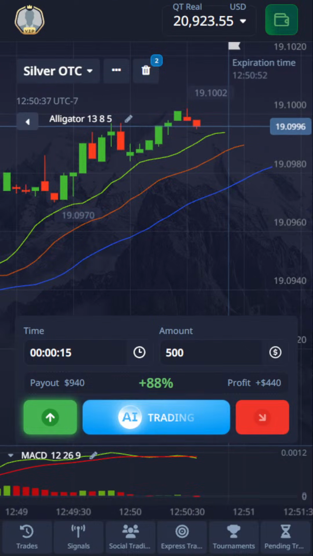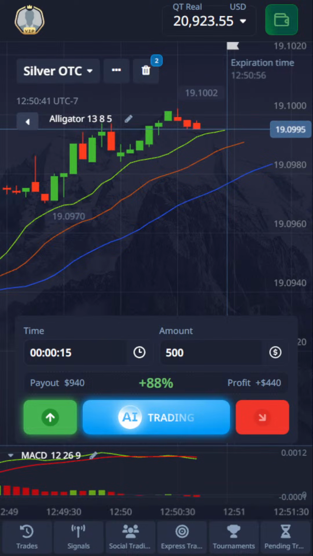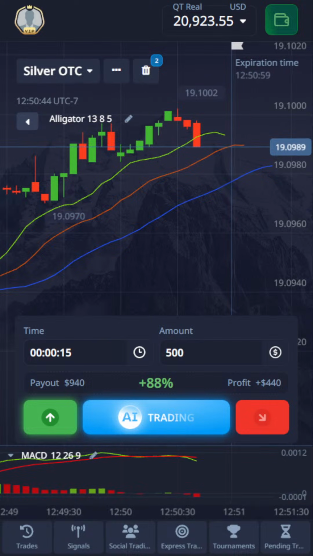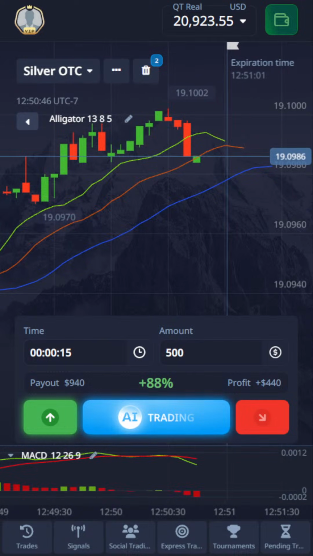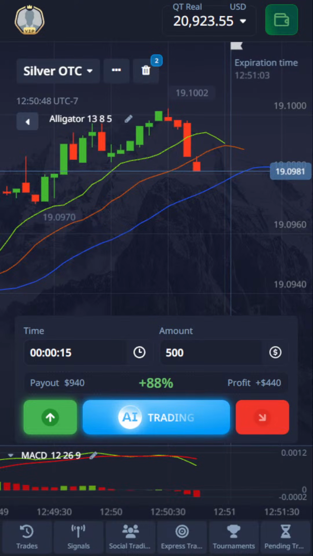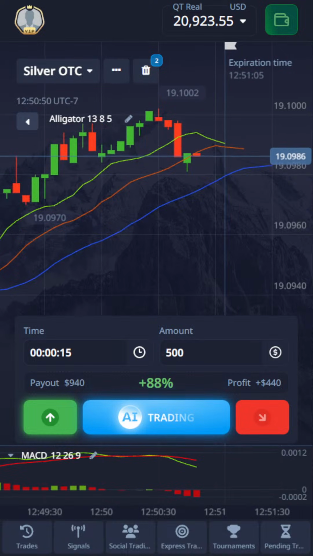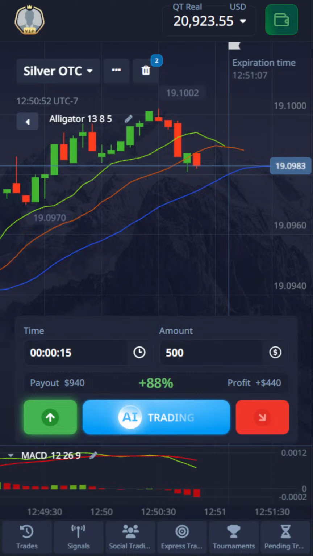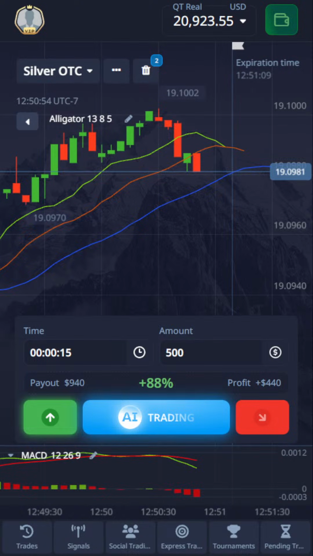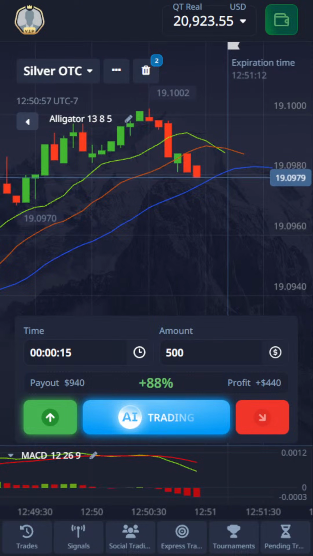Whenever it crosses the red line and the blue line, there we have a signal to get ready to place a sell or a buy, depending on the direction we are taking. Okay, so that is what I can say shortly about that.